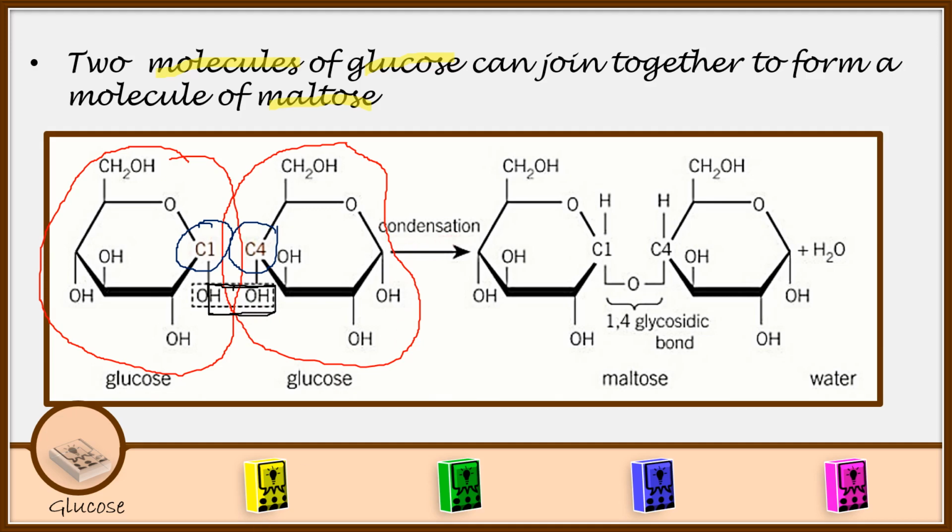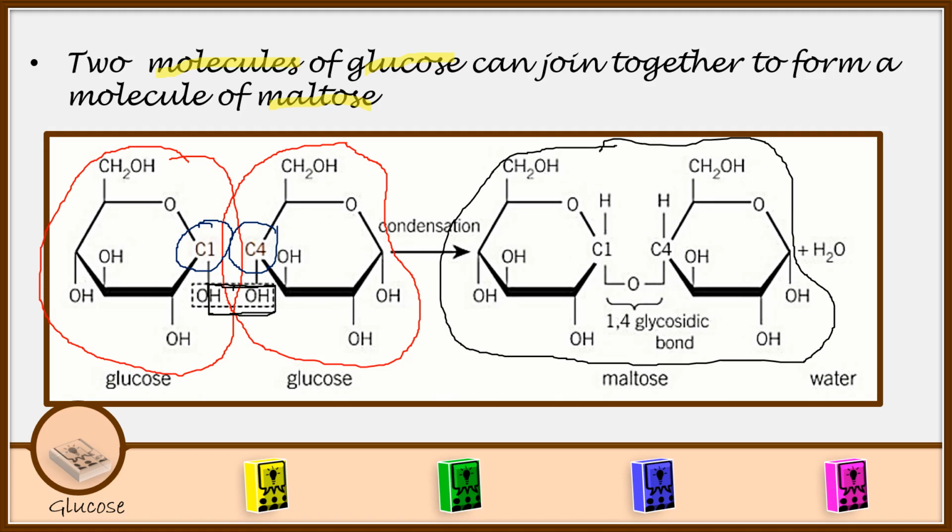So the product that we are going to get is this one, and this is now our maltose. Now you can see that here carbon 1 and carbon 4 are joined with an oxygen atom. This bond is what we call a 1,4 glycosidic bond.